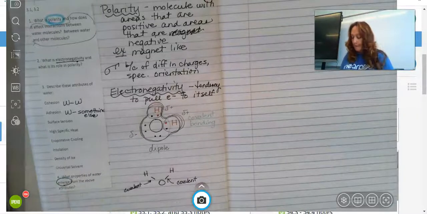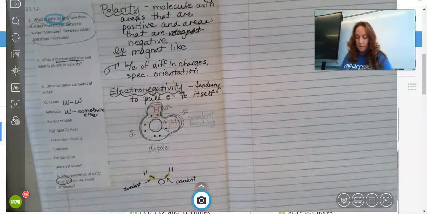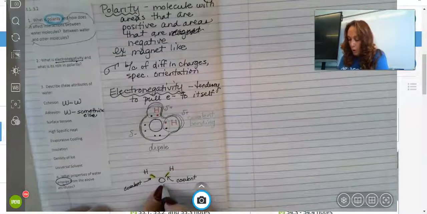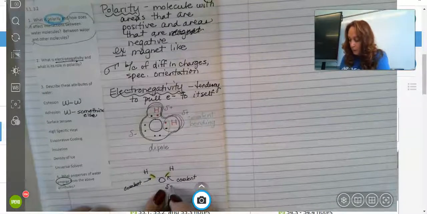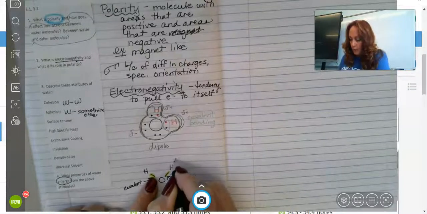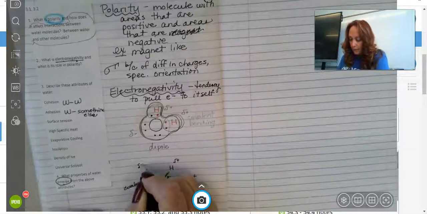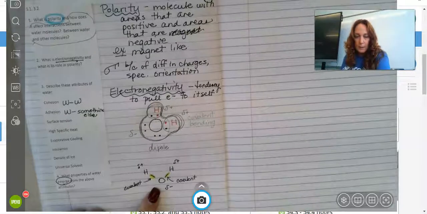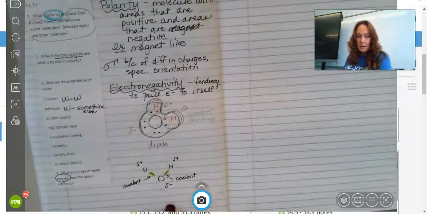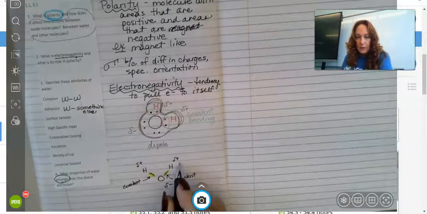So you have oxygen covalently bonded to 2 hydrogens, and your oxygen has a tendency to pull the electrons to itself. So it's going to have a partial negative charge here. And because there's less time around each hydrogen, they are relatively positive. So that's partial positive. Now this being the case, and we said they're magnet-like, the negative is going to be attracted to the positive.